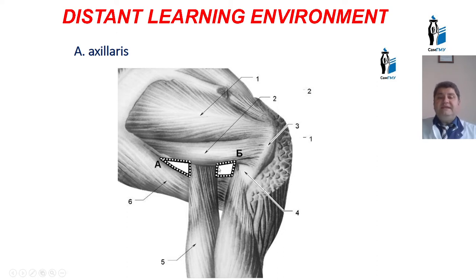And now you may see the quadrate shape forming, which is situated laterally of triceps muscle, and you may see that it is formed with 4 edges.